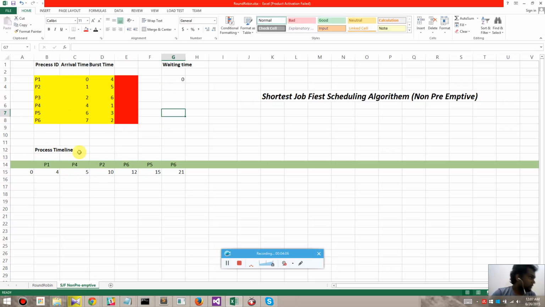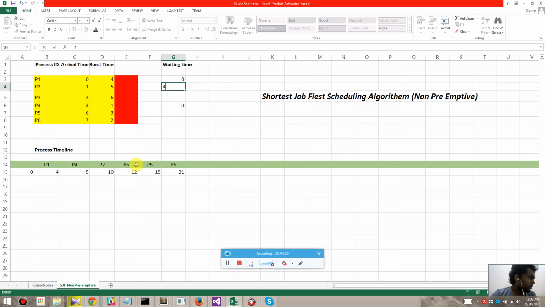And if we take P4, it started at time 4, and P4 arrival time is 4, which means 4 minus 4 is 0, so it also started directly without waiting. And if I take P2, it started at time 5, and arrival time is 1, which means it had to wait for 4 time units, so P2's waiting time is 4.